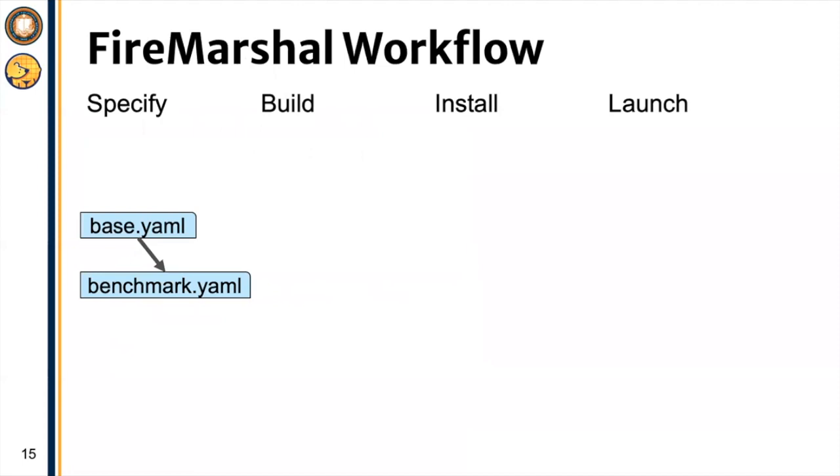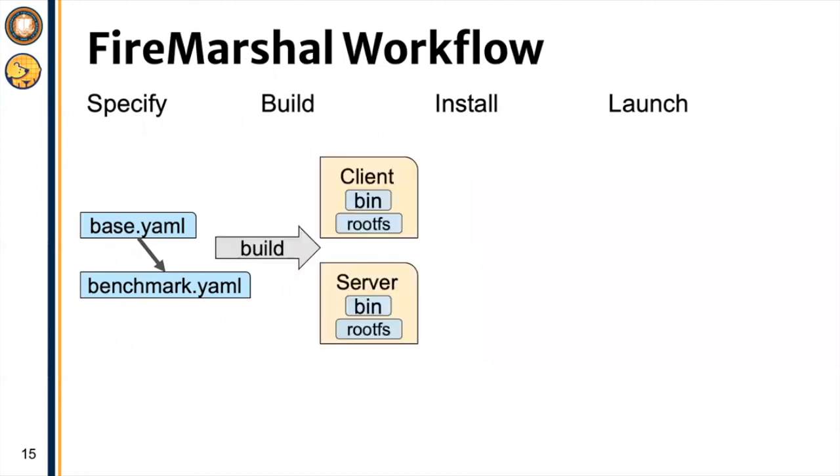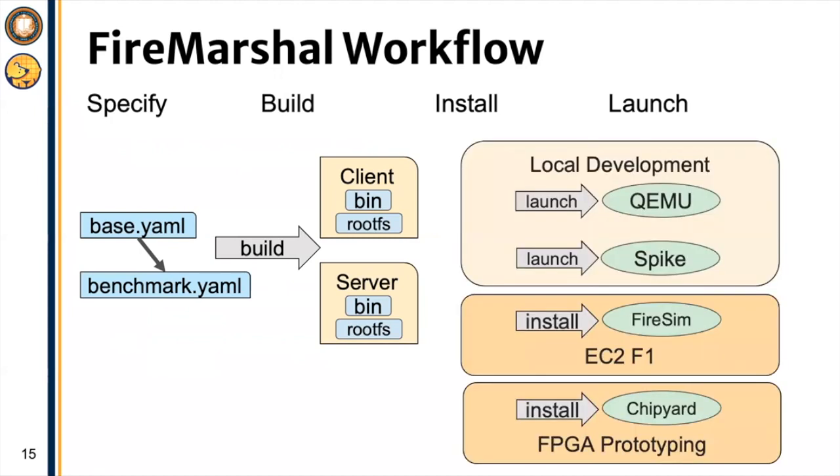So we talked a little bit about specification. We talked a little bit about builds. Now, OK, now I've actually built the software workload, and now I need to actually run it, be it FireSim, Spike, whatever the simulator is. That's where the install command comes in. Basically, the install command is a way that you can add in your particular simulator.